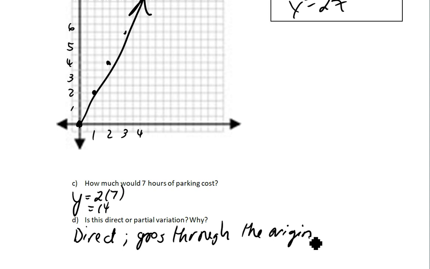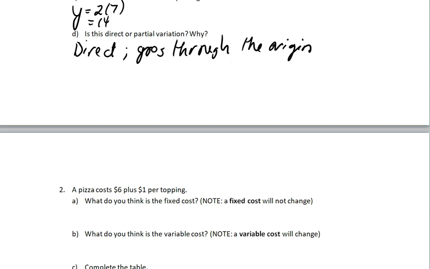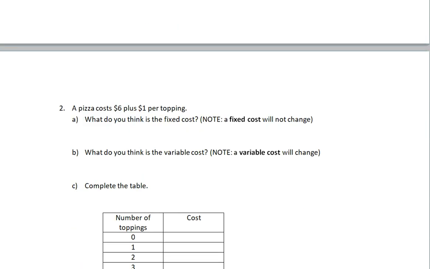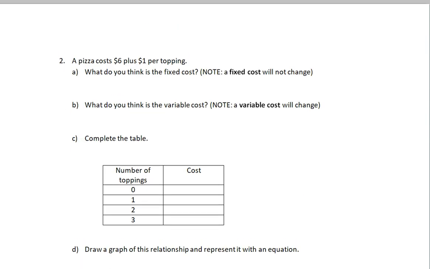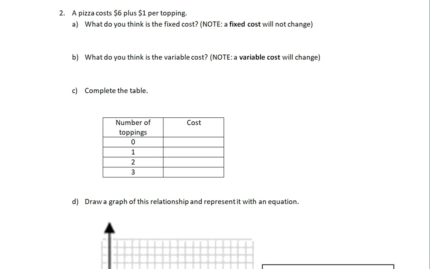So let's look at another scenario. This particular scenario might make you hungry. Let's say we're at a restaurant and we're ordering a small personal pan pizza. So the cost for this pizza is $6 plus $1 per topping. Within that scenario, we have a cost that's fixed, a cost that will never change, and we have a cost that's variable, that changes depending on what we order.